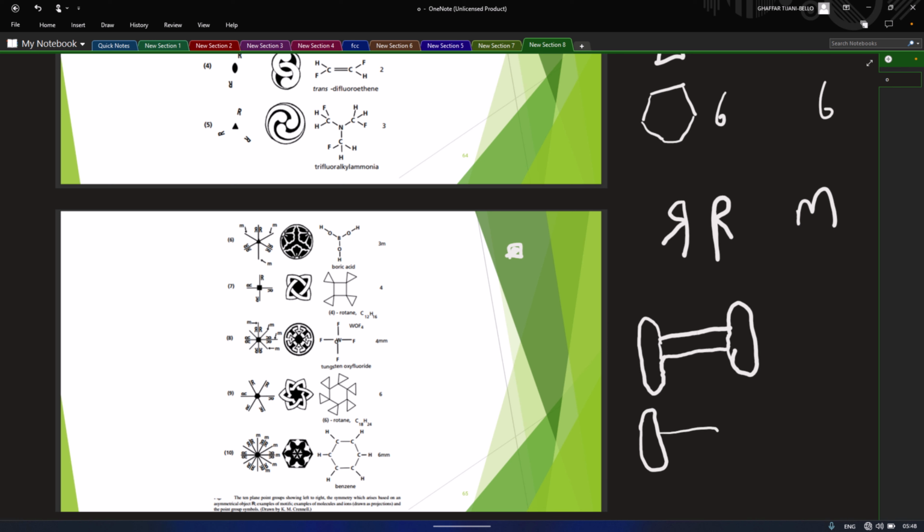Let's assume there's a dumbbell that has weight on one side. Sorry, let me erase this and write it well. This is a dumbbell that has weight on one side, and this is a dumbbell that has weight on two sides, right? So the moment you see a dumbbell that has two sides, you know that that is like an extra M, an extra M.